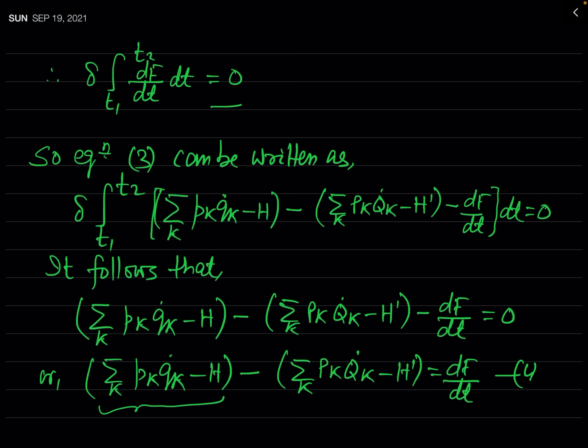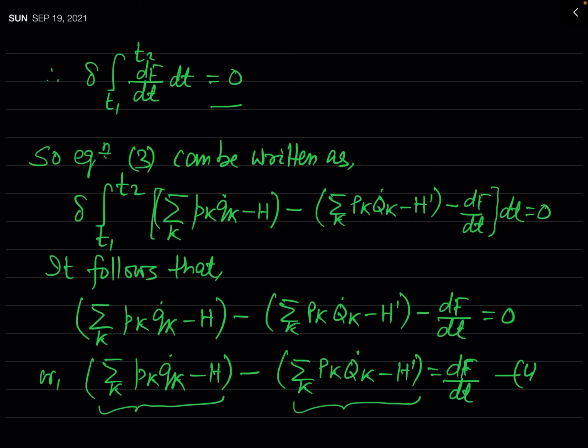And similarly, the second bracket is a function of capital Qk, capital Pk and t. So in general, this function f, which is just an arbitrary function, is in general a function of 4n plus 1 variables. How is this 4n plus 1?